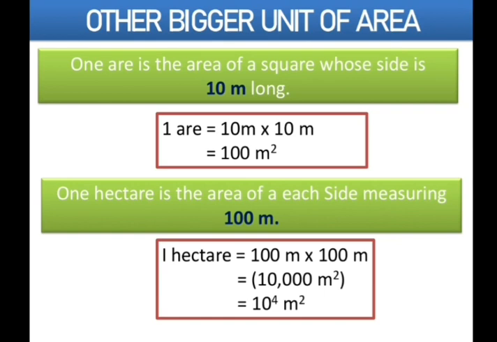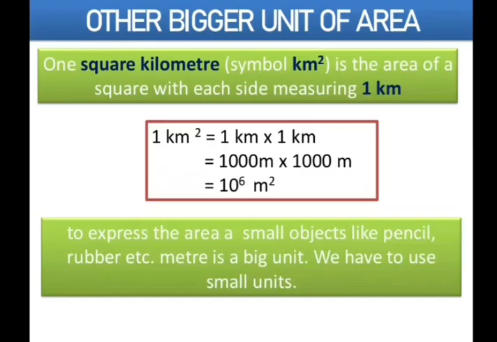So we can write 1 acre is equal to 10 meter into 10 meter, which gives us 100 square meter. Similarly, 1 hectare is equal to 100 meter into 100 meter, because in the case of the hectare the side is 100 meter. So 100 into 100 will give us 10 to the power 4 meter square. Similarly, 1 square kilometer is equal to 1 kilometer into 1 kilometer, and 1 kilometer is equal to 1000 meters.